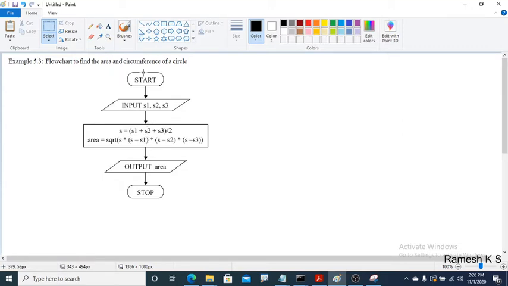This is area of a triangle. So this is not area and circumference of a circle. It is an area of a triangle.